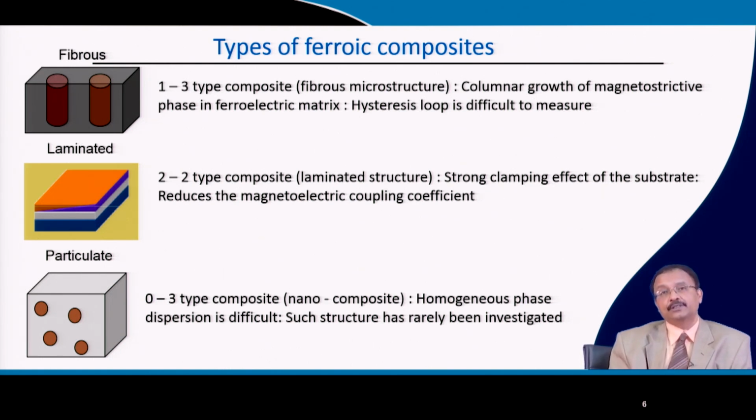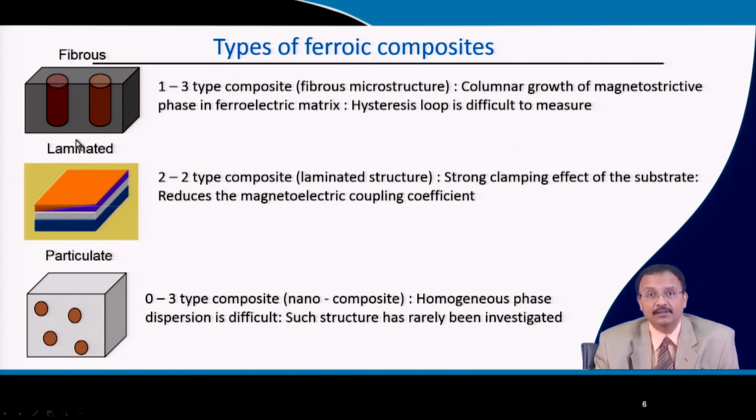Another type which is quite interesting is nanoparticles dispersed in a 3-dimensional matrix. We call this a 0,3 kind of composite, and here the challenge lies in dispersing this 0 phase homogeneously in a 3-dimensional lattice.